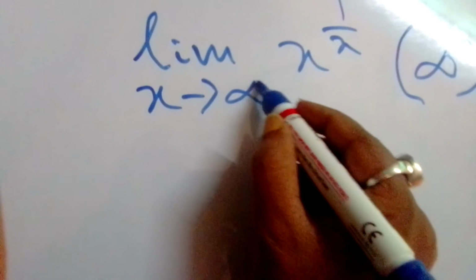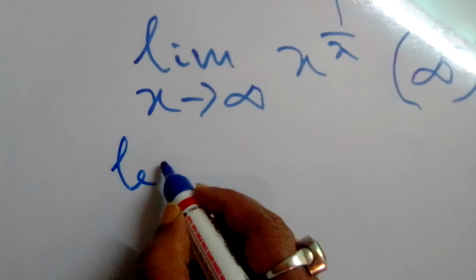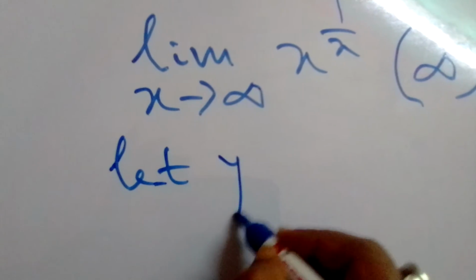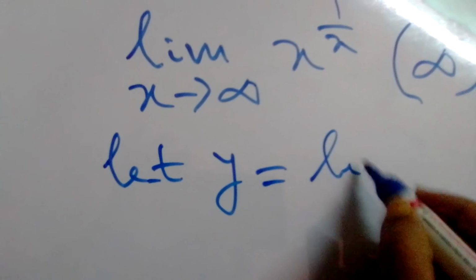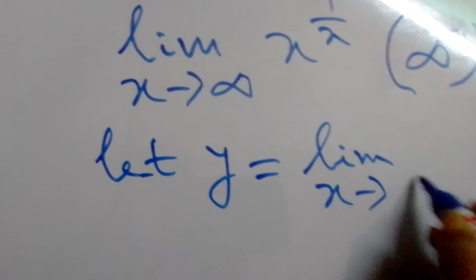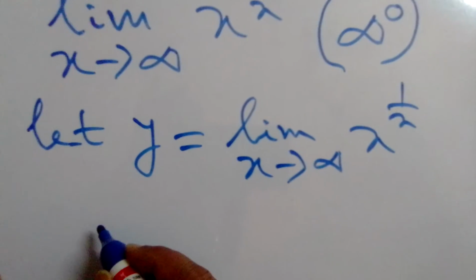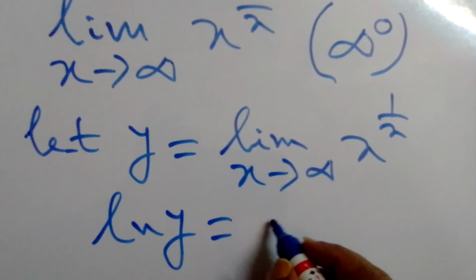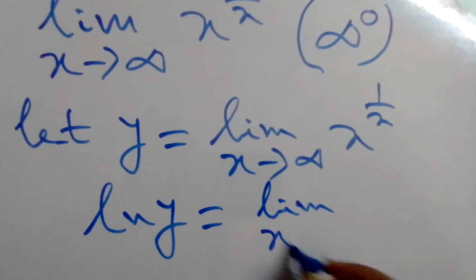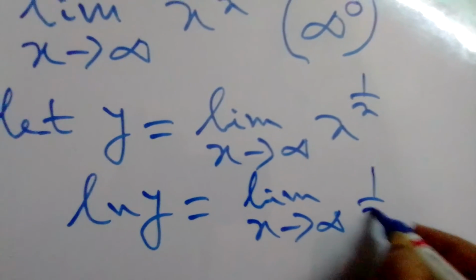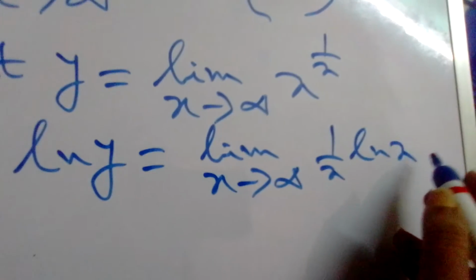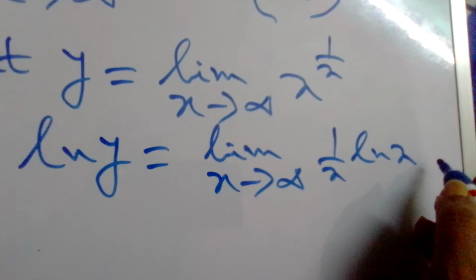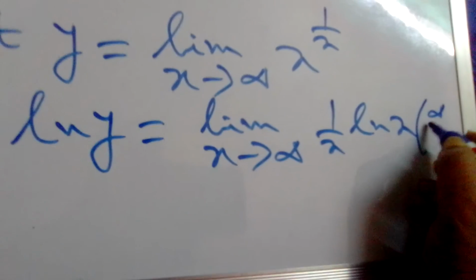To tackle these situations, let us consider y equal to the limit as x tending to infinity of x to the power 1 by x, and now taking logarithm, ln y will be the limit as x tending to infinity of 1 by x ln x. And now it is also the infinity by infinity concept, the form of infinity by infinity.